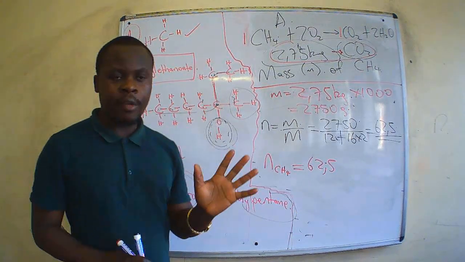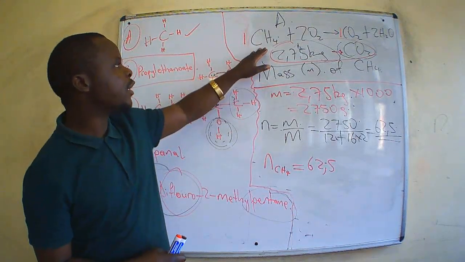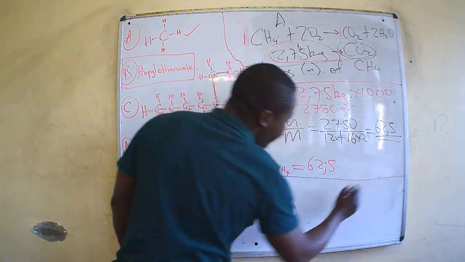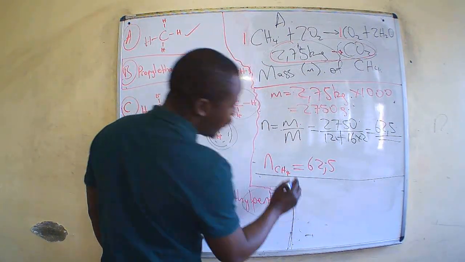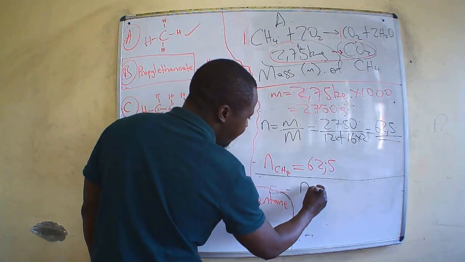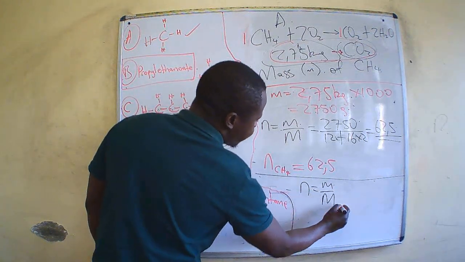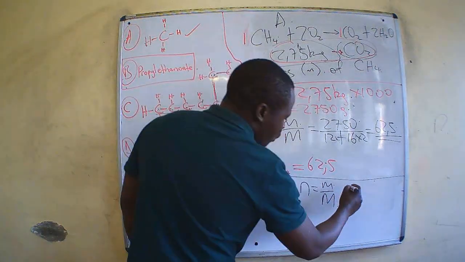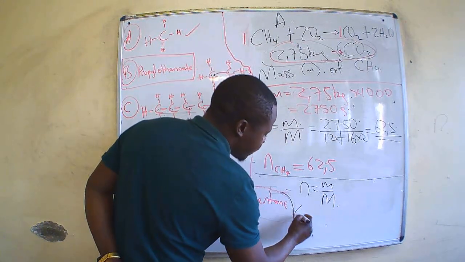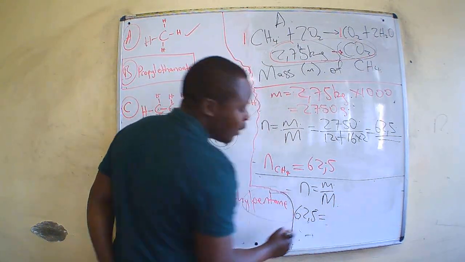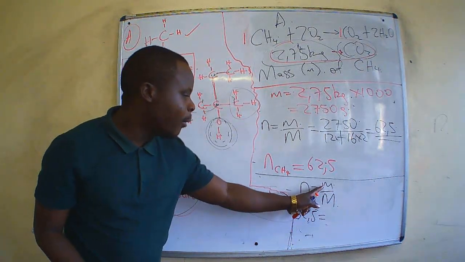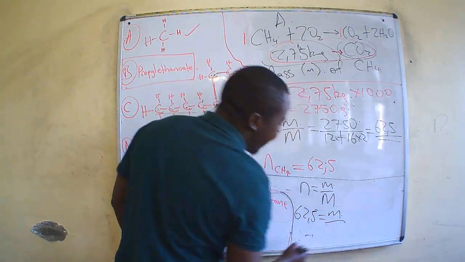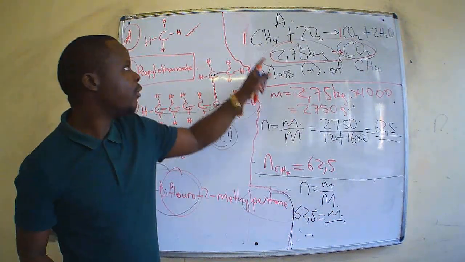Now, if we have the number of moles of CH4, it's now possible to find small letter m using the formula n is equal to small letter m over capital letter M. We're doing this for CH4. So the number of moles is still 62.5. It's time to substitute. Small letter m, we don't have, but let us determine the molar mass for CH4.